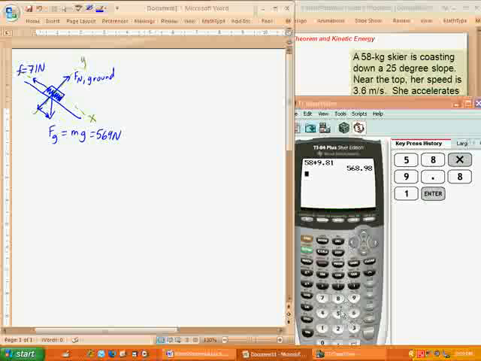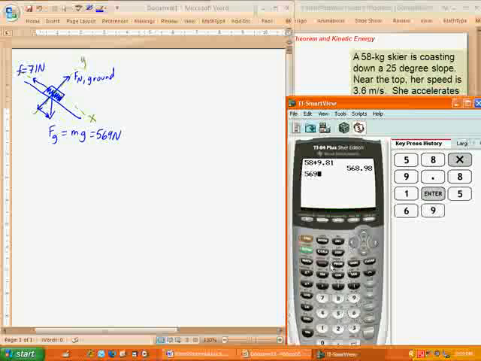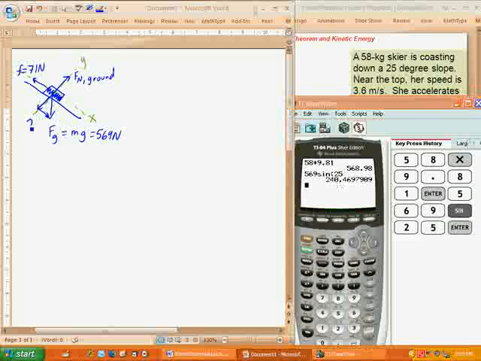So we'll go 569 sine 25, because that's the angle that it was tilted, and that gives us the opposite side, which is 240 newtons. So 240 newtons is the x component.